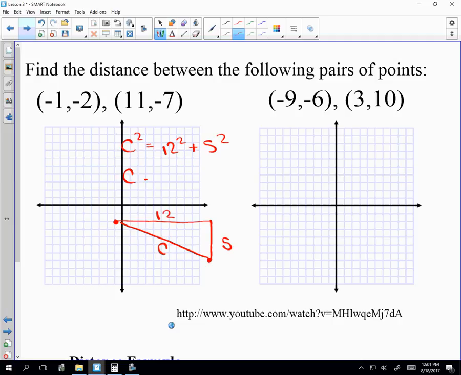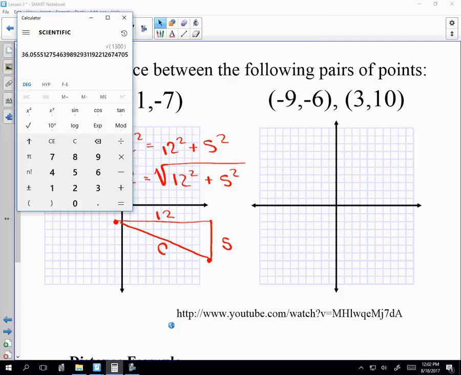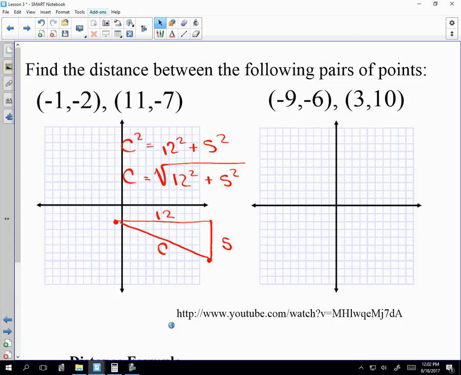If I want c by itself, I have to square root both sides, so we square root 12 squared plus 5 squared to find our distance. 12 squared plus 5 squared equals 169, and then we square root that value to get our distance between those 2 points of 13.